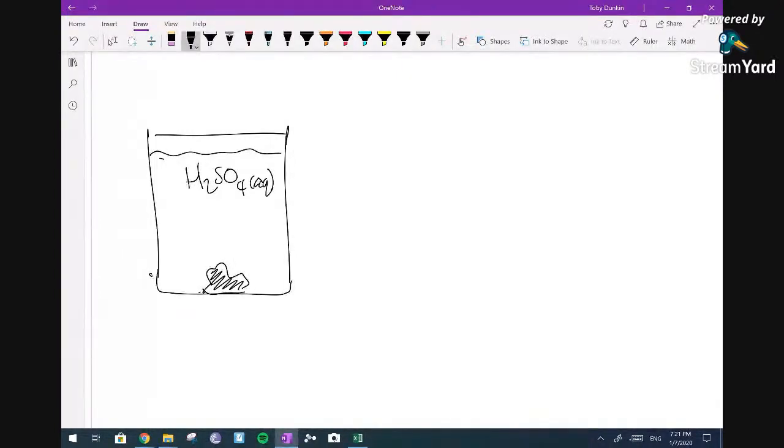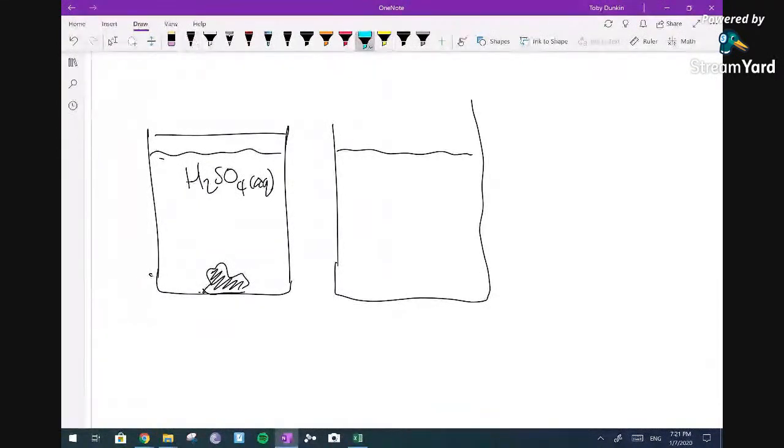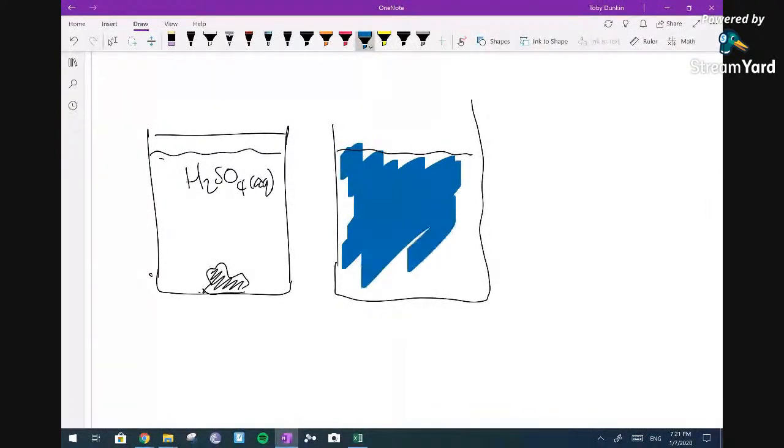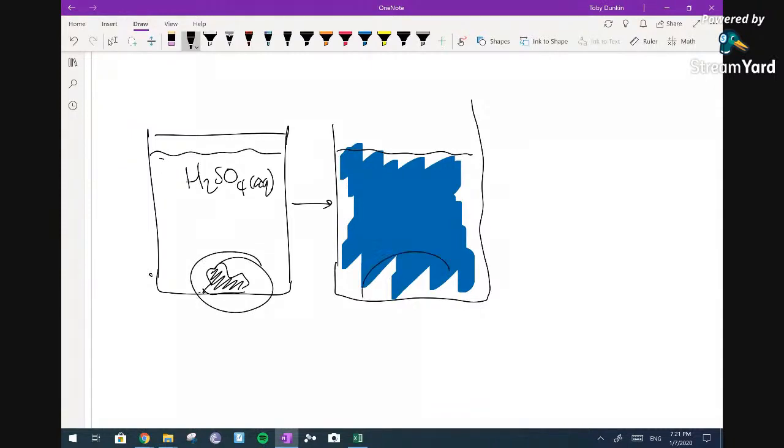Now, what's going to happen is it's going to react with the sulfuric acid and it's going to become copper sulfate. And the water is going to turn blue, which is always fun. Kids love that. It's nice. It turns blue. And the black copper oxide will have vanished. It started here and it's now gone.